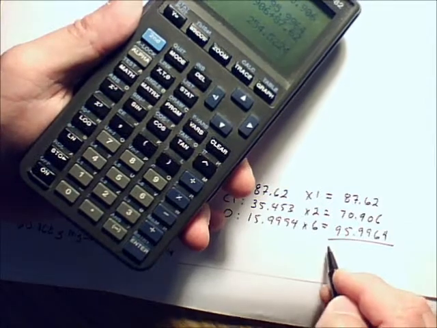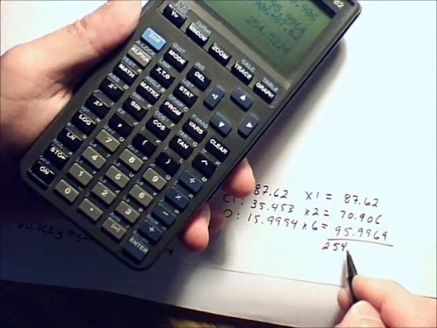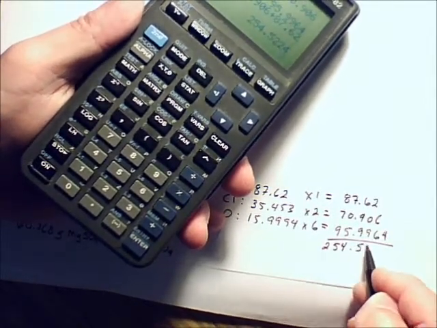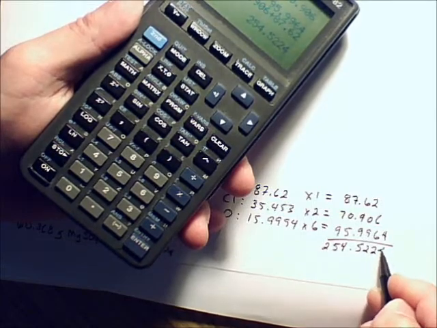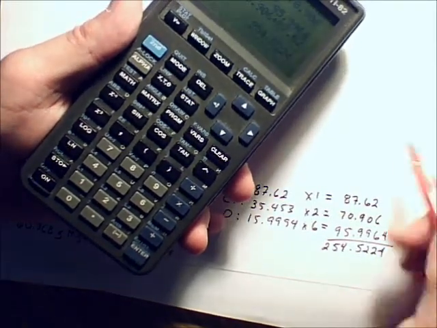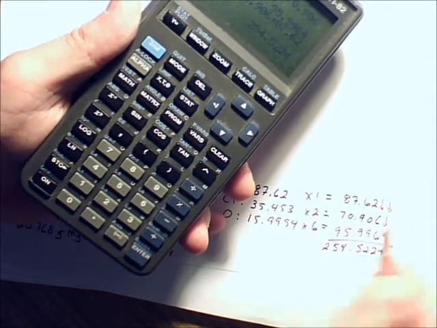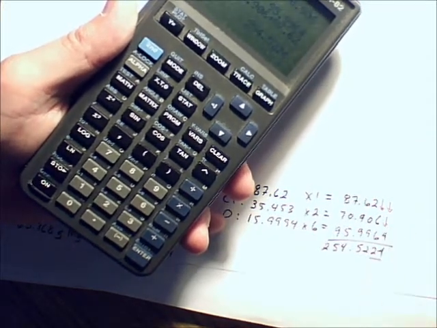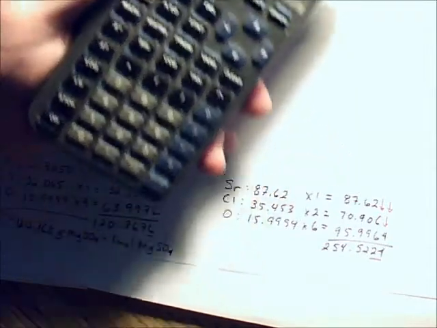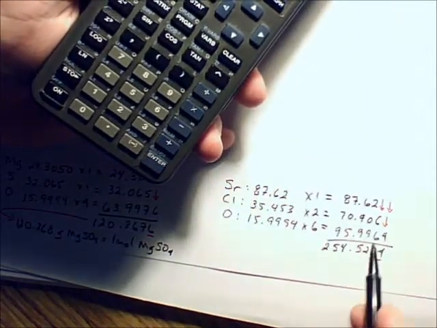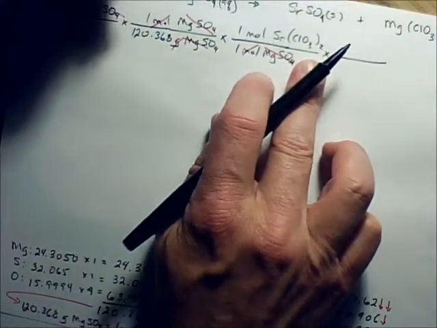And so when I add all this together, I get 254.5224. And we've got a couple of empty slots over here, so we need to round those off. Remember, there's a different set of rules for addition now. This is our addition rules. It's different from the rules for significant digits for multiplication and division.